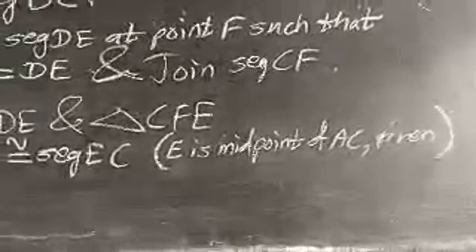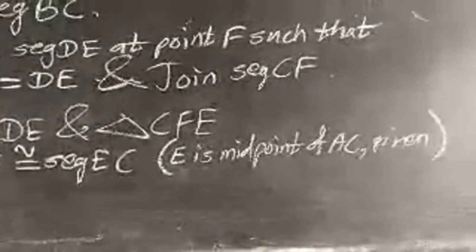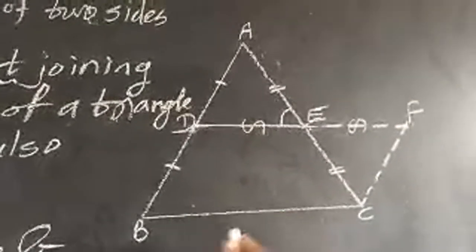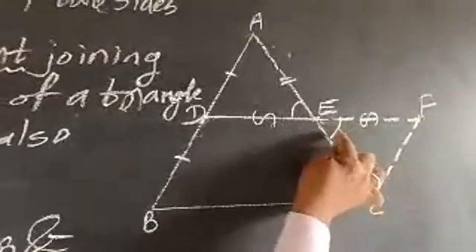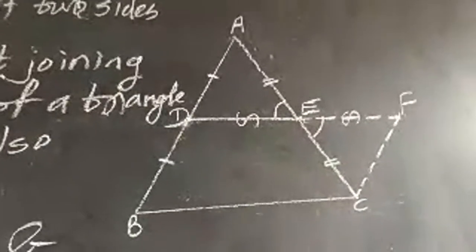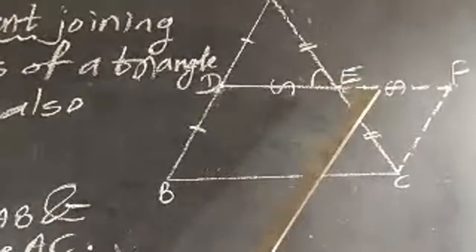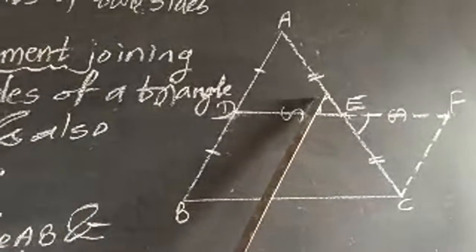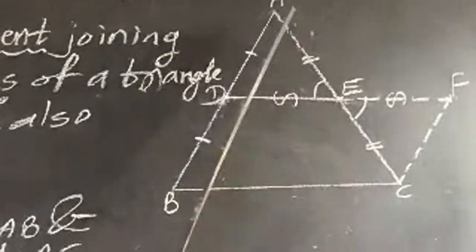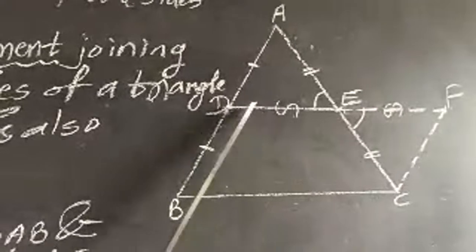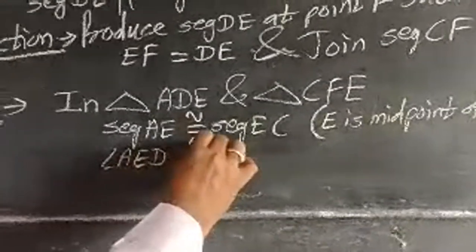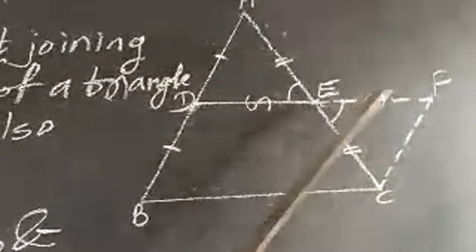Then next, second condition. Angle AED congruent to angle CEF. Why are these angles congruent? These are opposite angles, and opposite angles are always congruent.